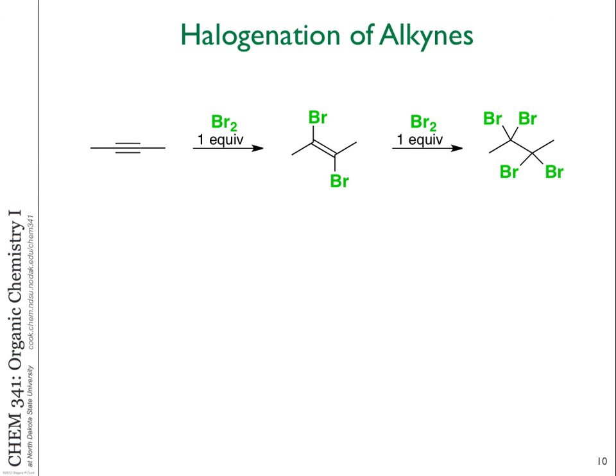And the addition of other electrophiles, Br2. This is pretty much the same as addition to alkenes. Okay, the same mechanism. It forms a bromonium, and then a second bromine adds.